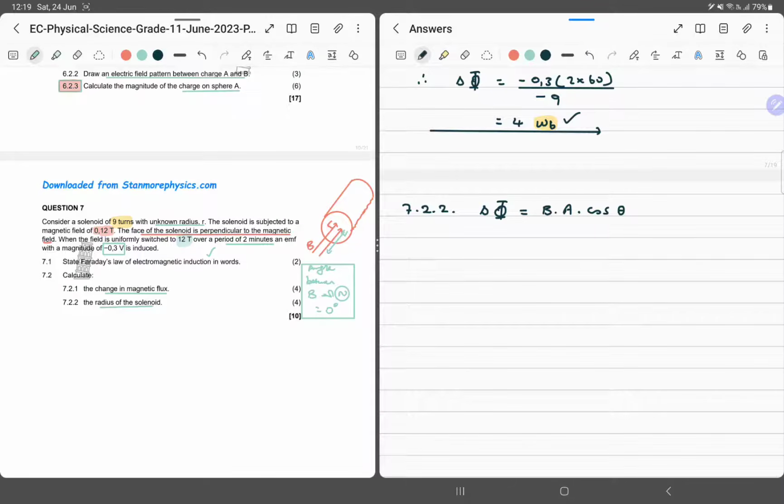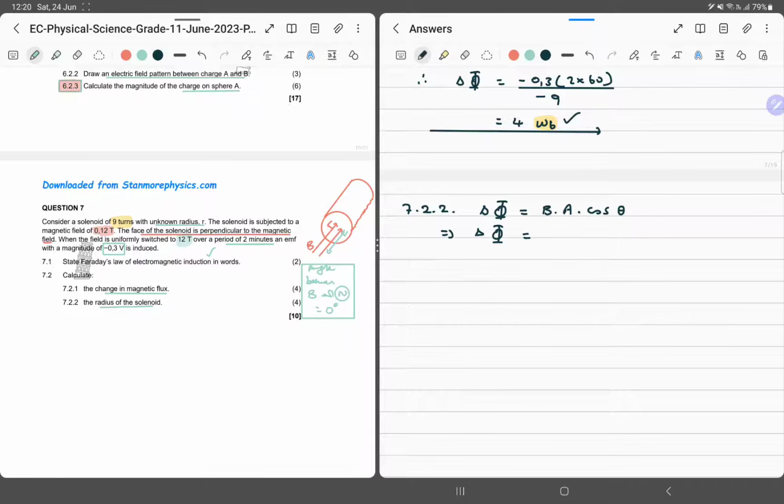But of note in this situation, the magnetic field strength was changed from 0.12 to 12. So that is what changed.